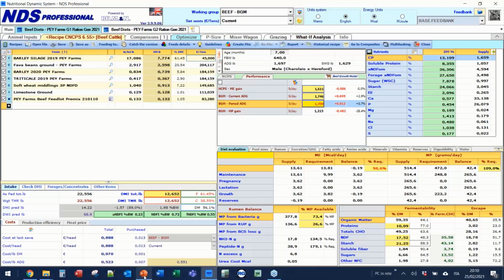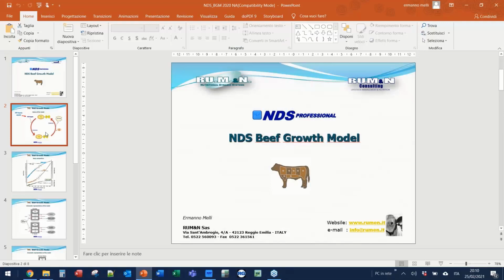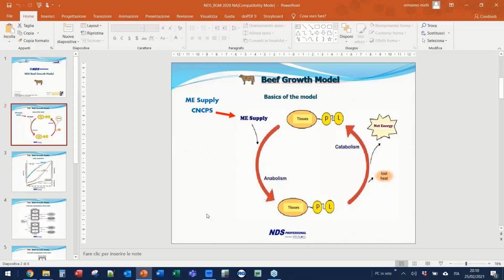Let me show you some basics of the model.